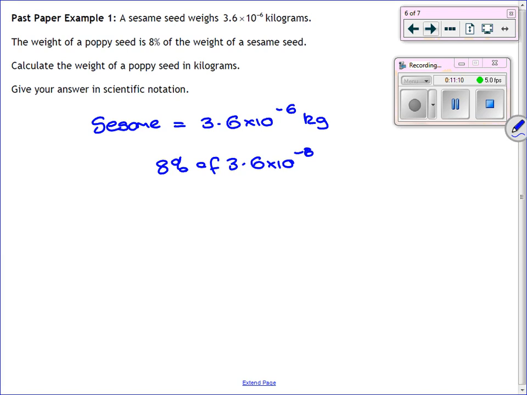So, just go to your calculator and do it as you would normally do any percentage question. So, work out 8%. 8% is the same as 0.08. So, 0.08 multiplied by 3.6 times 10 to the power of minus 6.